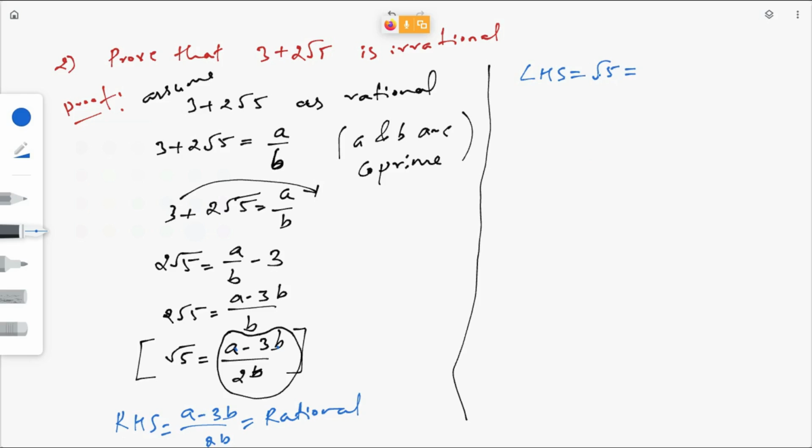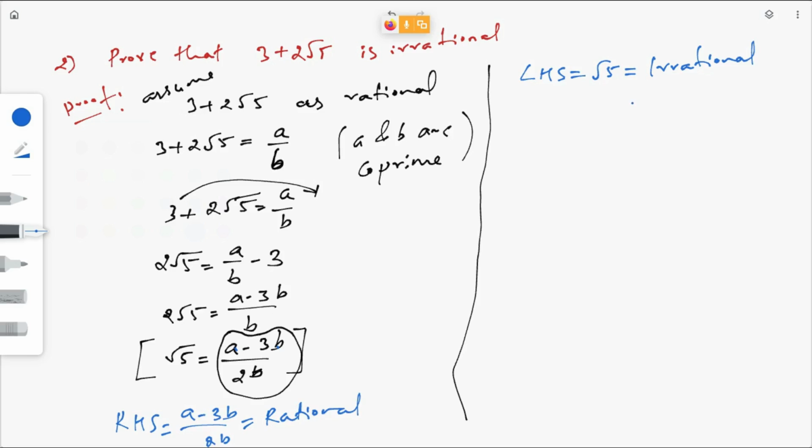We know that root 5 is an irrational number. No need to prove it again, we already proved it, right? So root 5 is an irrational number. Yes or no? Our LHS is an irrational number and RHS is a rational number.